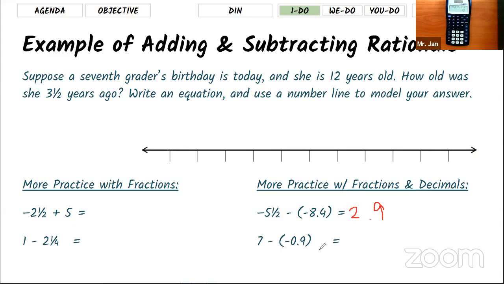Okay, and the last one is 7 minus negative 0.9. Let's try to do this mentally now. If you remember, when two negative signs meet together, it becomes positive, so this is 7 plus 0.9, right? Sometimes you can do it the fastest way, or you can type it on a calculator too.